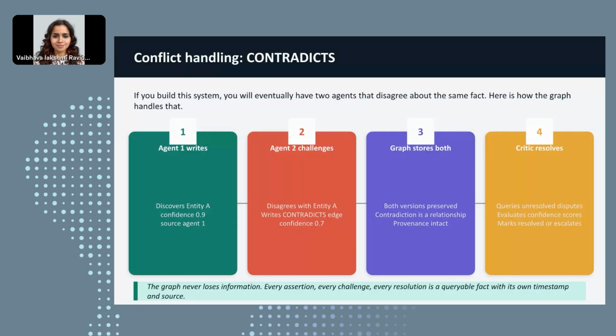Basically, even in this, nothing is lost. Every assertion is preserved. Every dispute has a record. So the graph never loses information. Every assertion, every challenge, and every resolution is a queryable fact with its own timestamp and source.